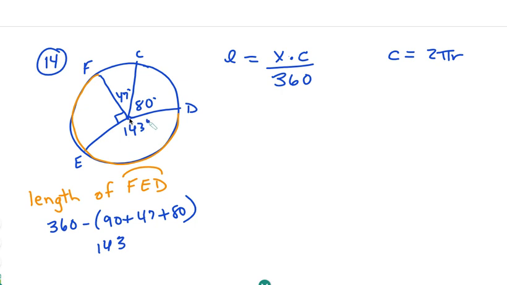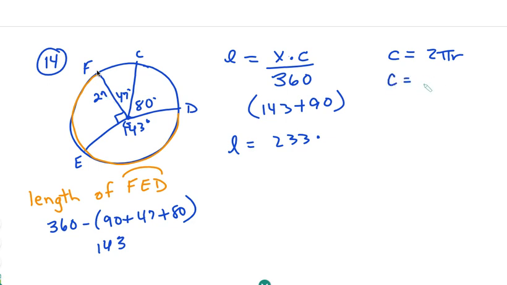Okay, so in order to find my x, I'm going to take 143, which is from D to E, plus E to F is 90 degrees, which is going to give me L is equal to 233 times, and now I need my circumference. So we are told that FG, so this is my G. FG is 27, which is a radius.